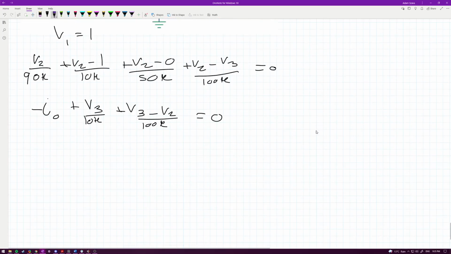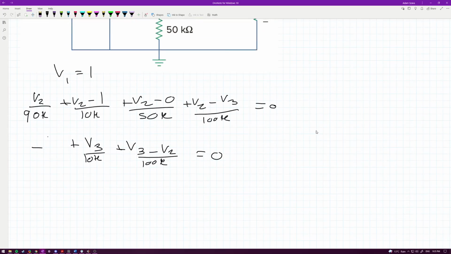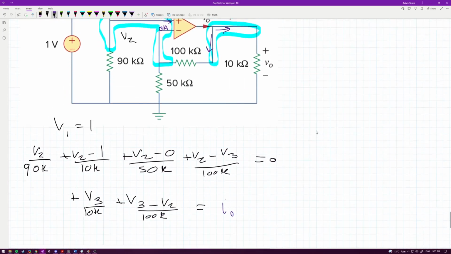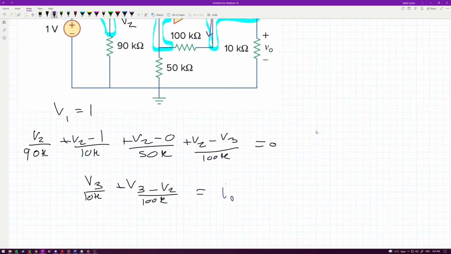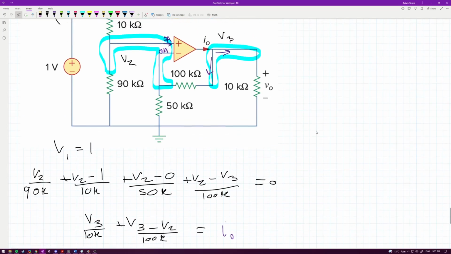But obviously that's just this equation. I naught is equal to those two currents, which is exactly what our last equation is here. So that doesn't really help us because I define what I3 is.